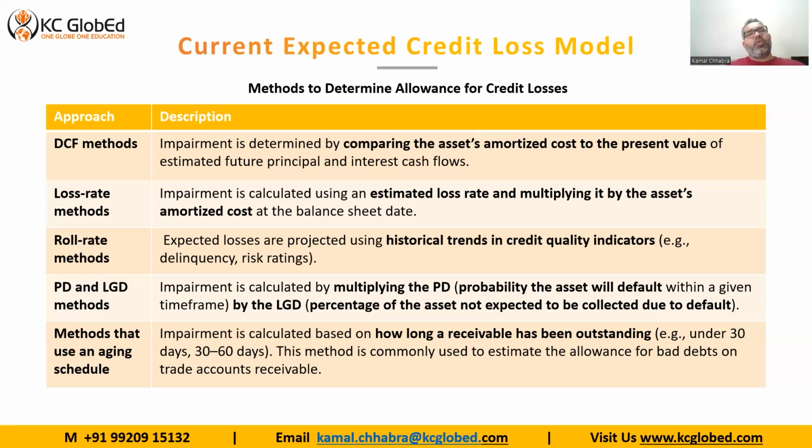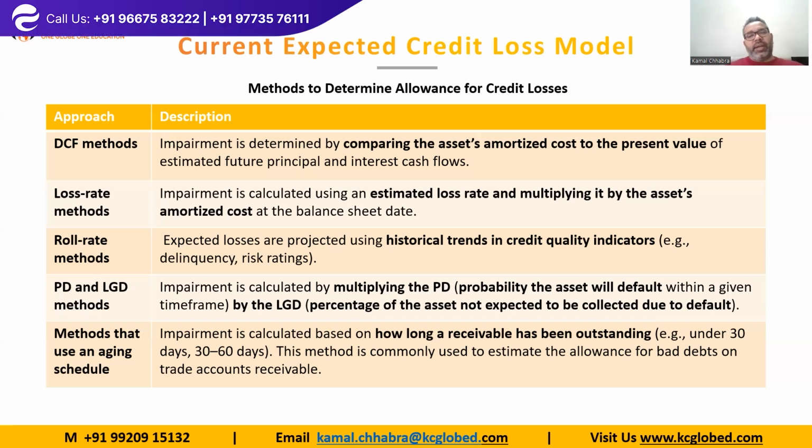But those 1% and 2%, the management comes to that conclusion based on the historical adjustment, right? That comes under the loss rate category. The loss rate is identified as a percentage by the management based on historical facts and data, and you multiply that rate to the value at year end to reach the loss. Make sense? Yes, sir.